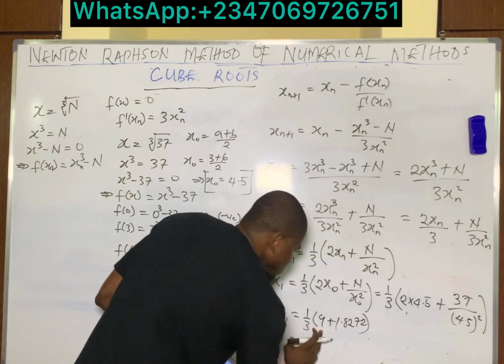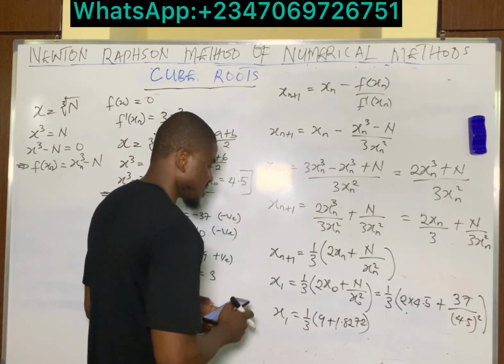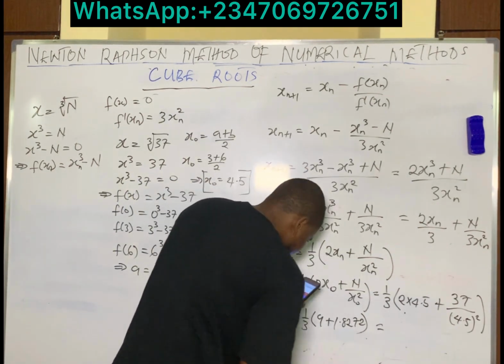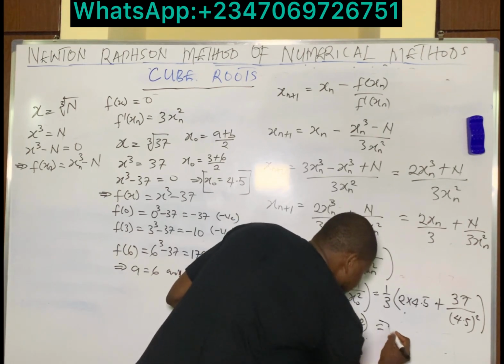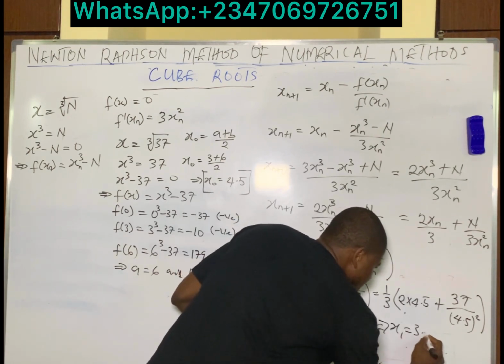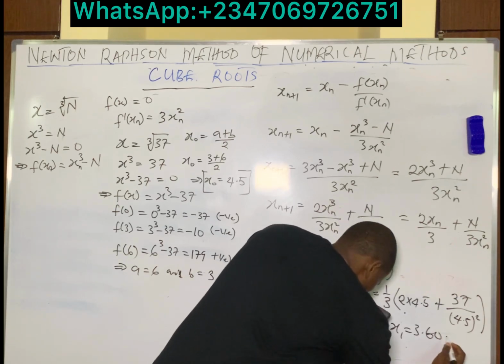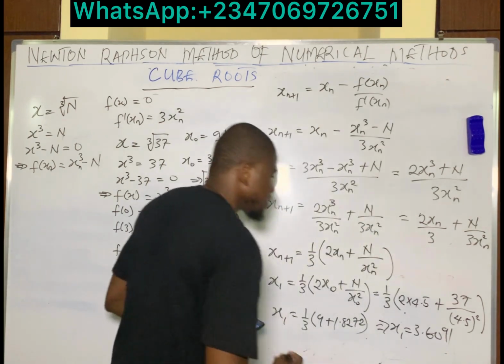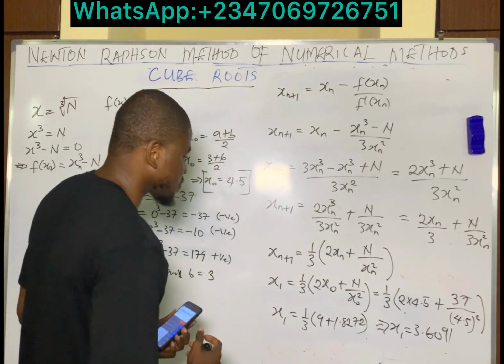So let's add that with 9 and multiply by 1 over 3. So everything here gives us approximately 3.60. So this implies that x1 is equal to 3.6091 approximately. So we have our first root.